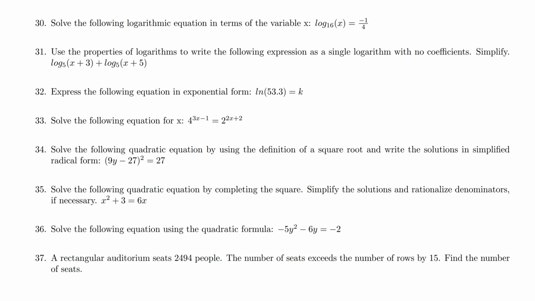Okay, solve the following quadratic equation by using the definition of the square root and simplify. Okay. So let's write this big too. 9y minus 27 squared equals 27.